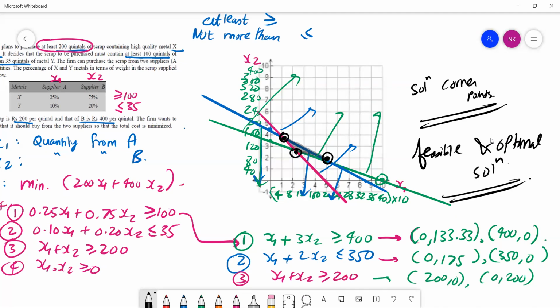So you need to calculate for all these 3 points. These are the 3 corner points. For these three corner points, you should be calculating the feasible solutions, and from the feasible solutions, whatever the answer will be minimum, you will be calculating the optimal solution. So this will be the thing for your graphical method.